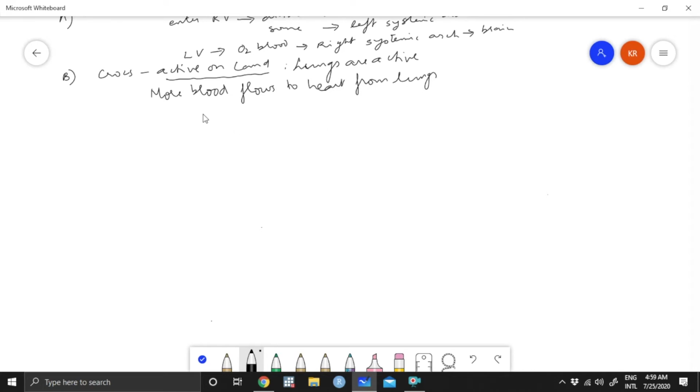So when we say that more blood flows to the heart, where will it come into? It will come into the left ventricle.